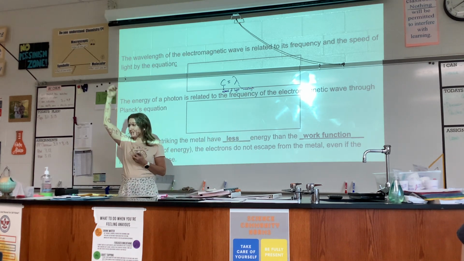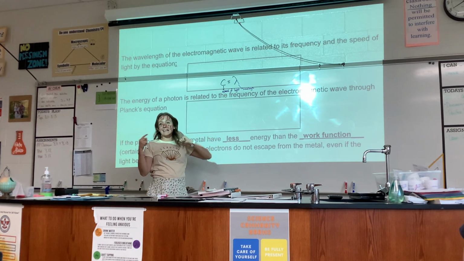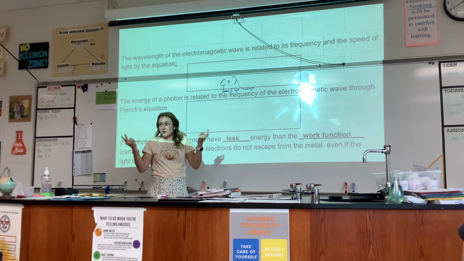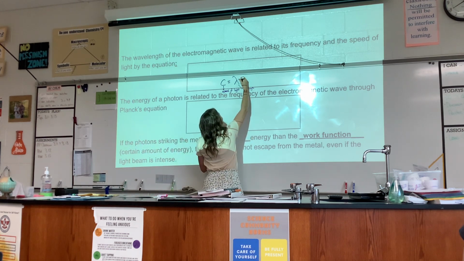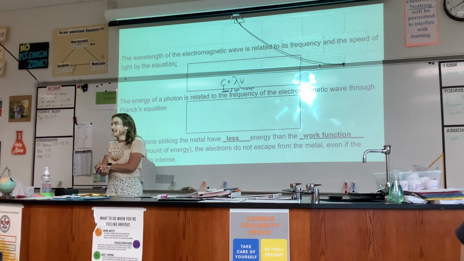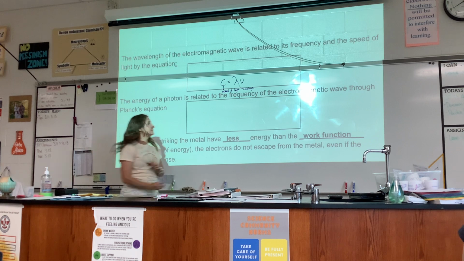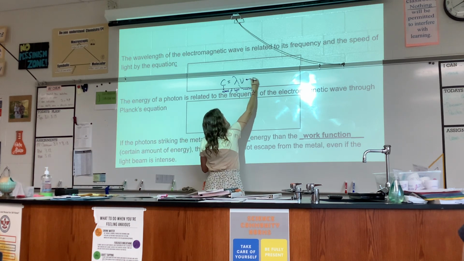That's how they remembered. So that's the symbol for wavelength. It's the Greek letter lambda. Then lambda times nu, that's the Greek letter nu, which looks like a V with a straight line and a curved line. This is the symbol for frequency.